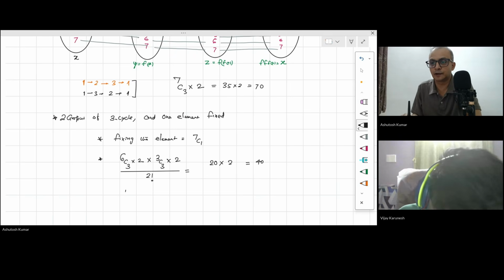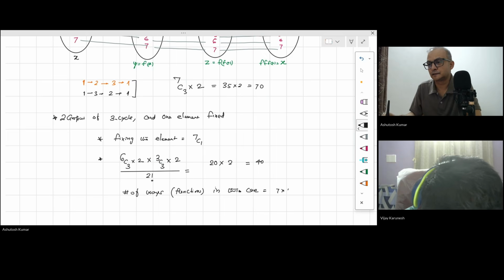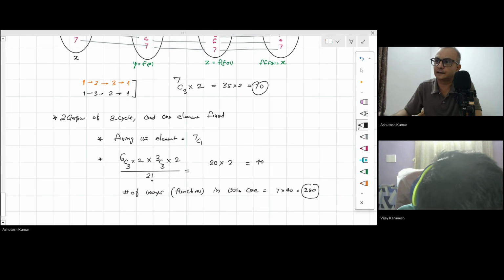And so the total number of ways or functions in case 2 is going to be 7 into 40. That is 280. And 280 is there and 70 is there.